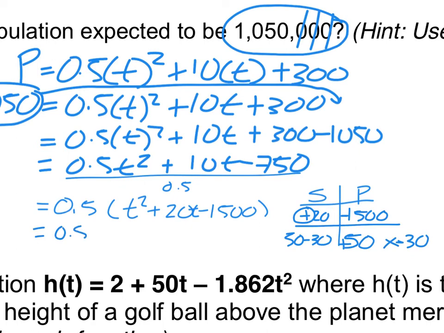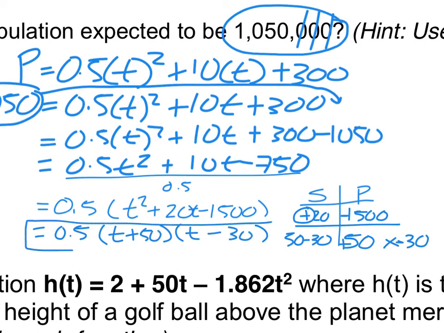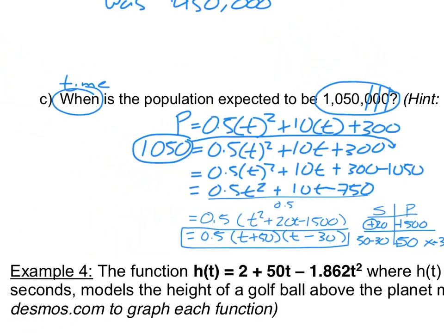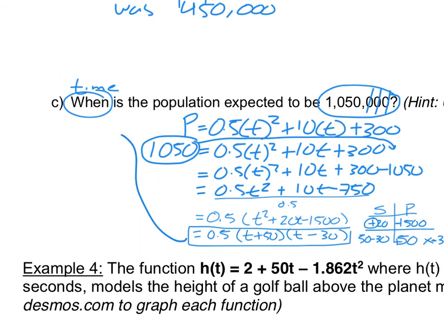That 0.5 doesn't disappear, doesn't go anywhere. We set up our two brackets: t, positive 50, and negative 30. Now we're almost done. Our last step, now that we've factored our equation, is to find the zeros, or find the t values.